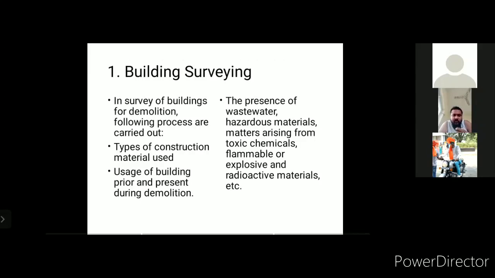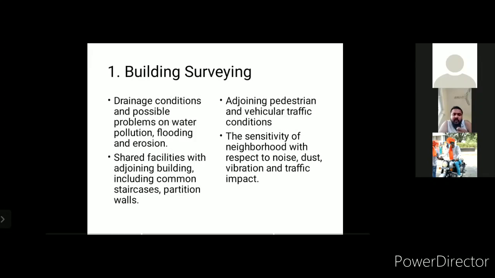First, types of construction, material used, usage of the building prior and present, and during demolition, the presence of wastewater, hazardous material, matters arising from toxic chemicals, flammable or explosive and radioactive materials, etc. Also, drainage conditions and possible problems of water pollution, flooding and erosion, shared facilities with adjoining buildings, including common staircase, partition walls, adjoining pedestrian and vehicular traffic conditions, and the sensitivity of the neighborhood with respect to noise, dust, vibration, and traffic impacts.